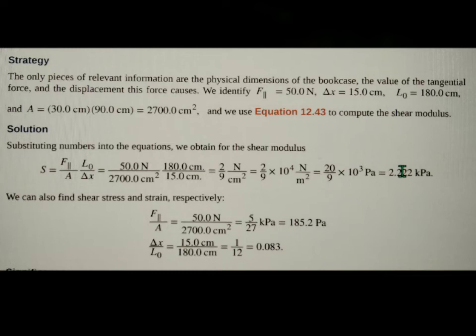We use equation 12.43 to compute the shear modulus, which is shear stress divided by shear strain. The shear strain is equal to delta x divided by the original length, and the shear stress is equal to the magnitude of the force divided by the cross-sectional area.